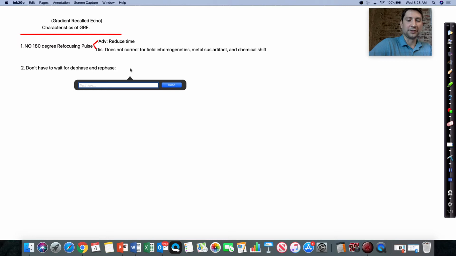This is a function of how strong the gradient magnetic fields are, as well as how long you leave them on.